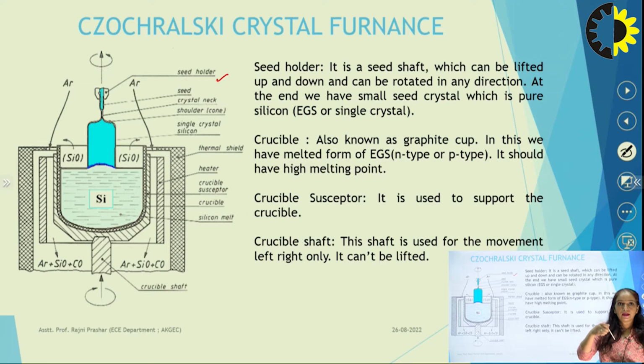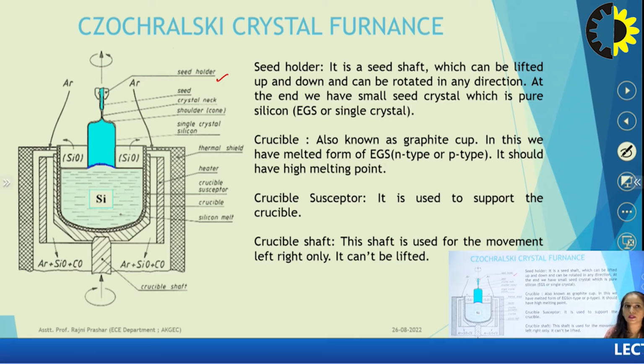We can rotate it in a clockwise direction and in an anti-clockwise direction. So at the end we have a small seed crystal, which is the pure silicon, or we can say electronic grade silicon, EGS, or single crystal.